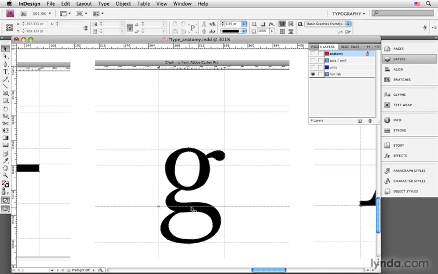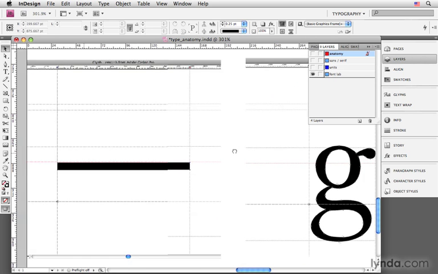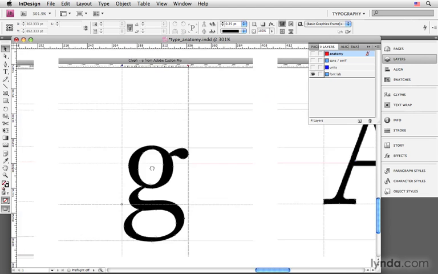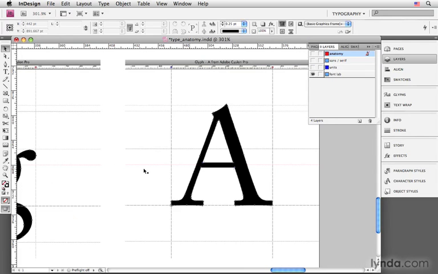This line here marks the baseline, and this line marks the X height. The widest character in your font set is likely to be the M dash, which occupies almost all of the potential 1000 units. And over on the right-hand side we see an example of the uppercase A, where we have the cap height and the ascender height.